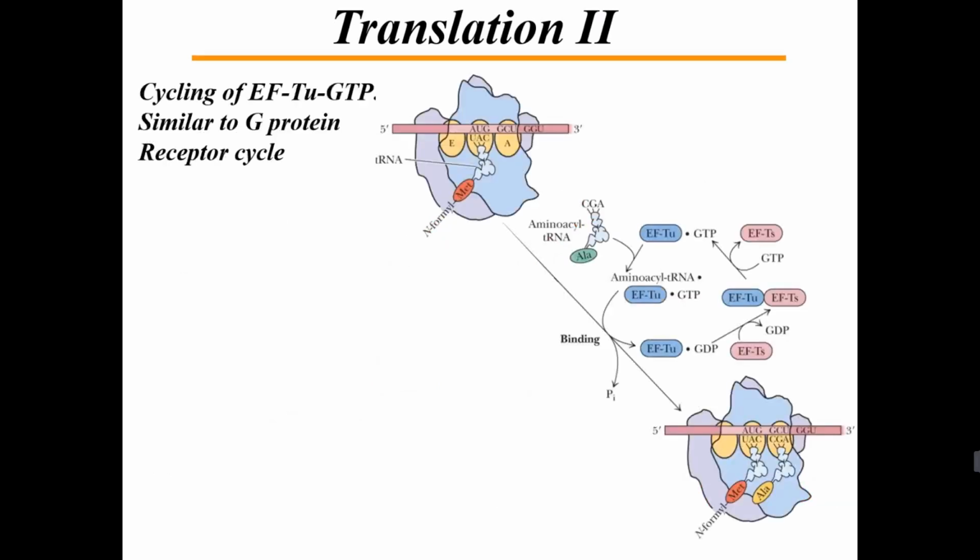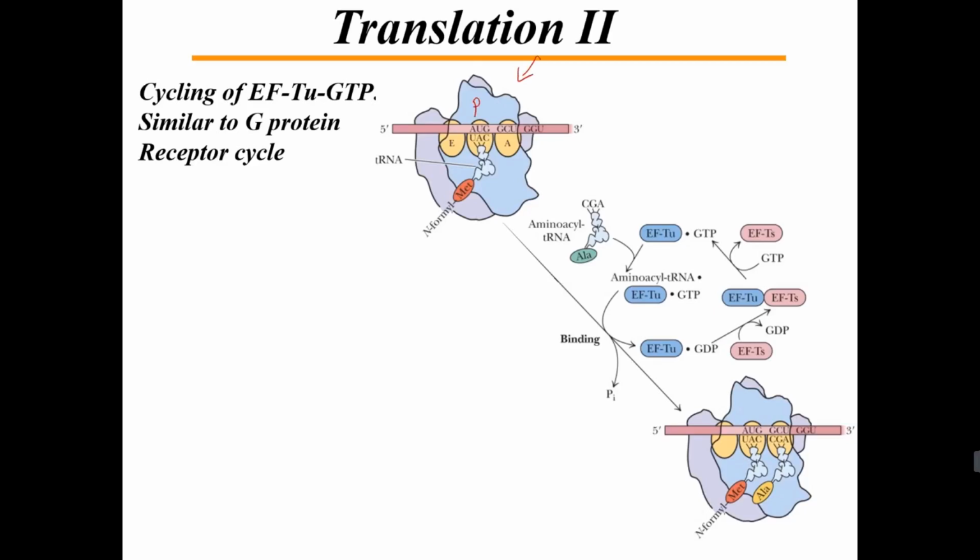All right, so now we're going to cycle through the phase of elongation. And in the top figure, we actually see, again, our 70S initiation complex with the initiator tRNA aligned with the initiation codon, all in the P site of the ribosome.